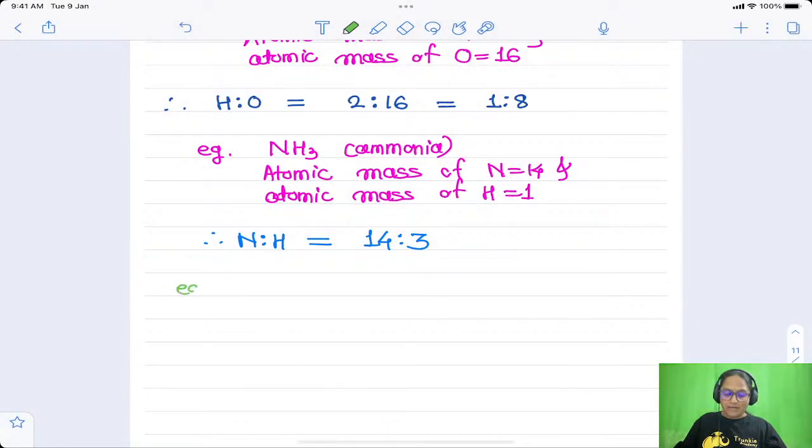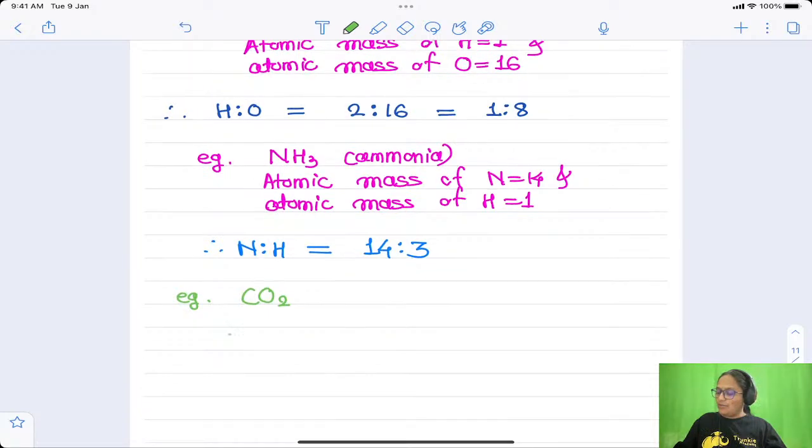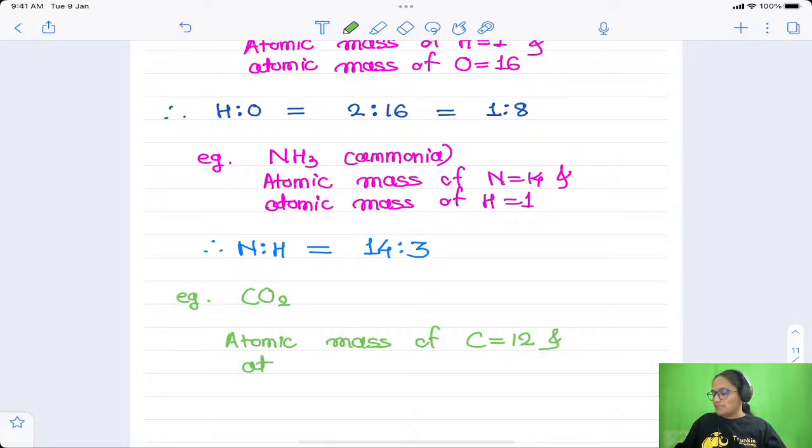Next example we can have is carbon dioxide, CO2. Now in CO2 the atomic mass of carbon is 12, and the atomic mass of oxygen is 16, right?